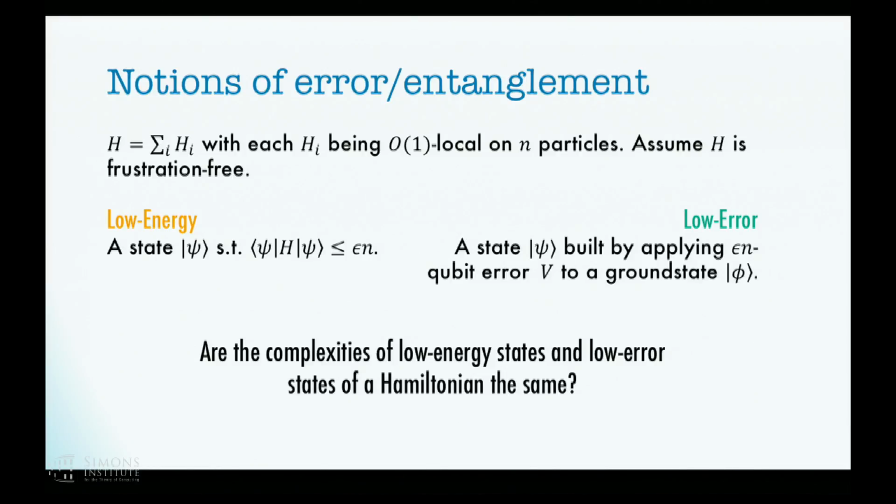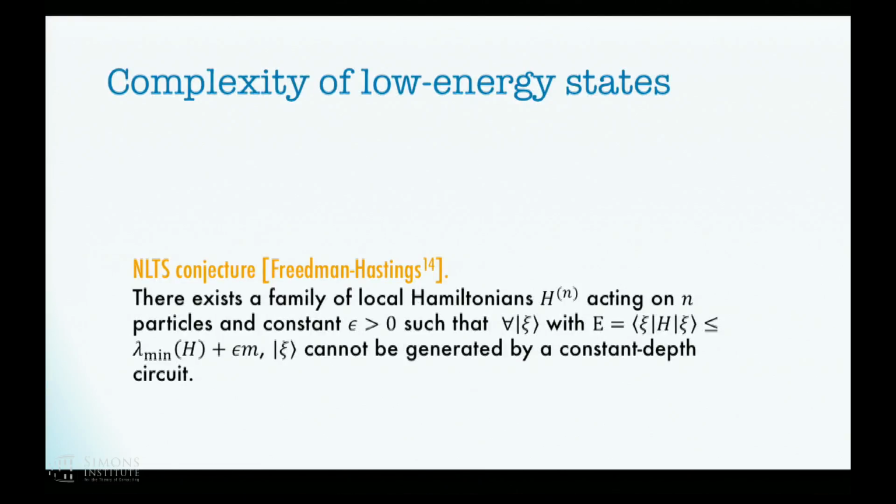As in, even if the Hamiltonian's ground state has high circuit complexity, as in it takes a big circuit to build it, does that say anything about its low energy states or not? One could formalize this, and this was formalized in the NLTS conjecture, the no low-energy trivial states conjecture, which says that there should be a family of Hamiltonians for which all states of low energy cannot be generated by constant depth circuits.